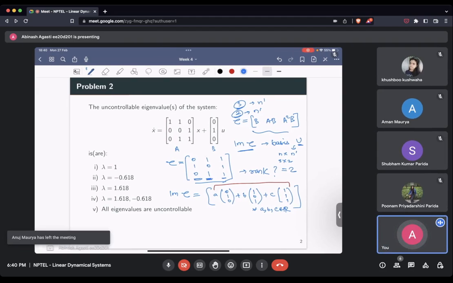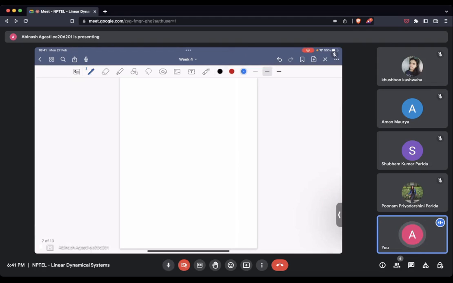So how do we find out whether two vectors are linearly independent or not? Okay, let's take some time on this. Let us say we have a vector alpha 1, alpha 2, alpha 3, and a vector beta 1, beta 2, beta 3.